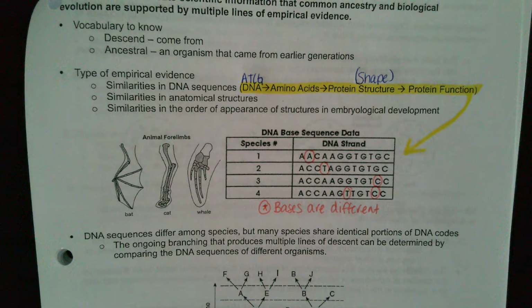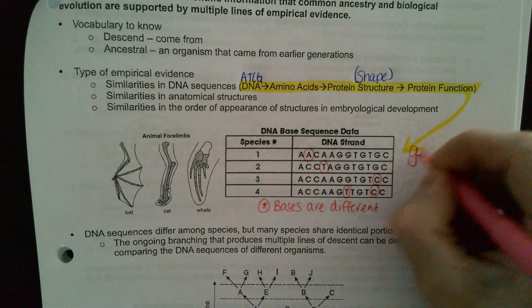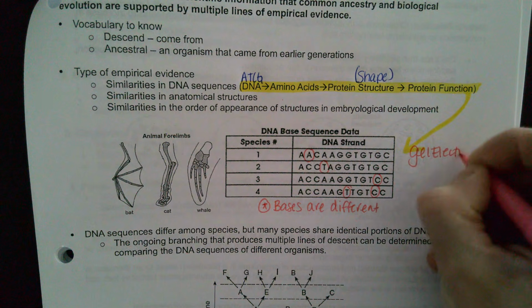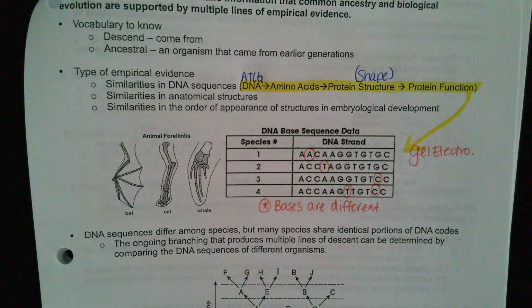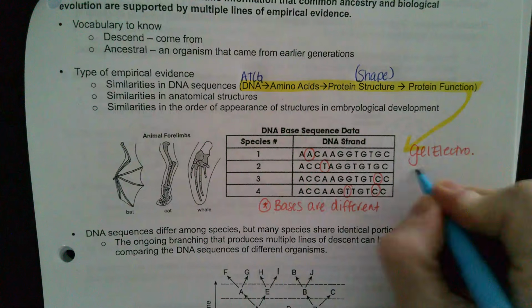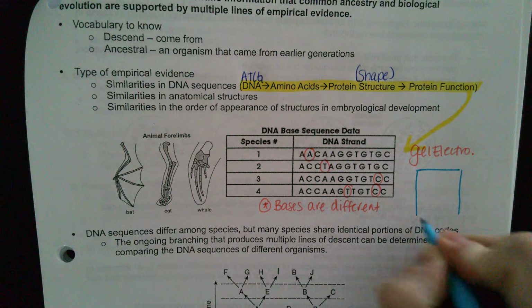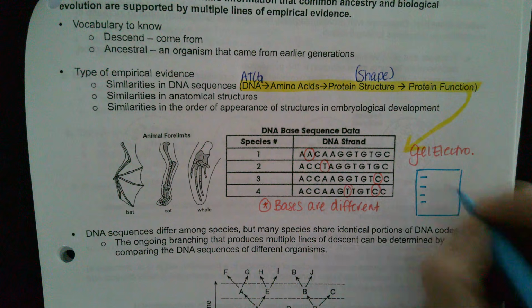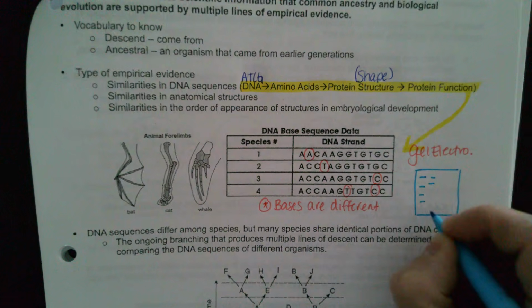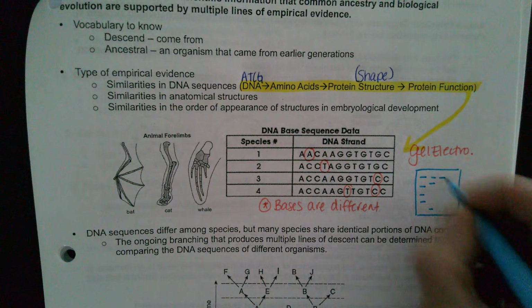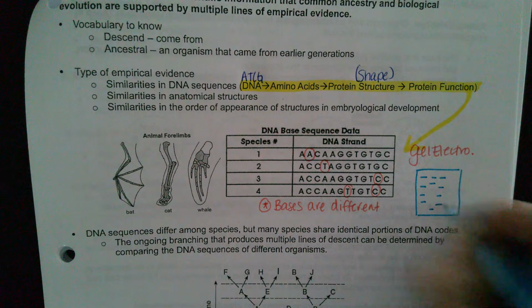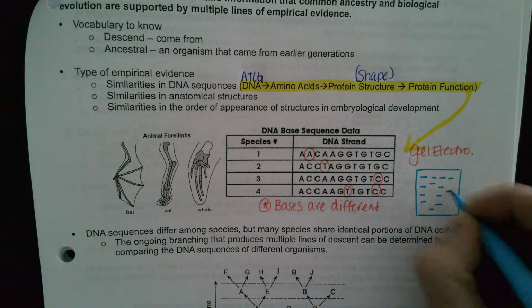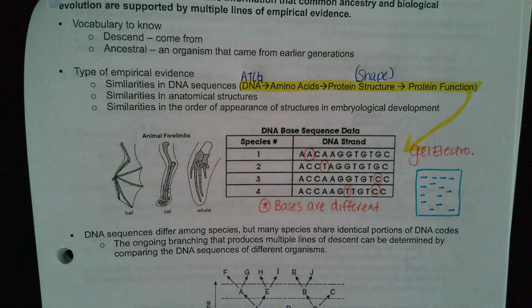It is possible for DNA, you'll have something where you have to compare them like this, or you might also see gel electrophoresis. When we're looking at gel electrophoresis, we want to compare the bands. They'll probably give you a square, and within that square, they're going to give you lines. And what the test might have you do is see which sample has the most similarities.